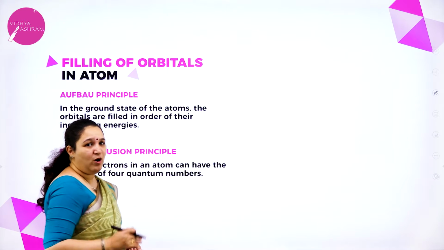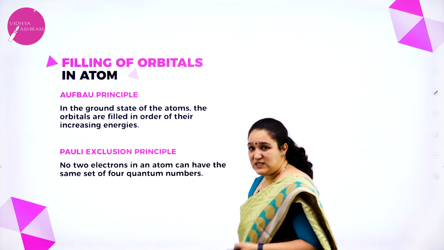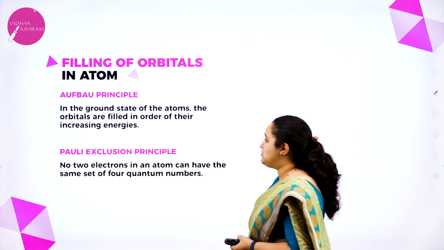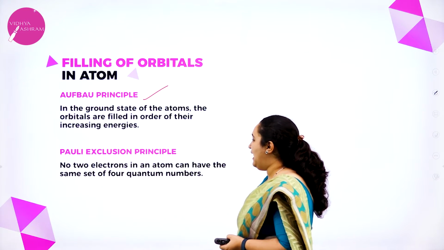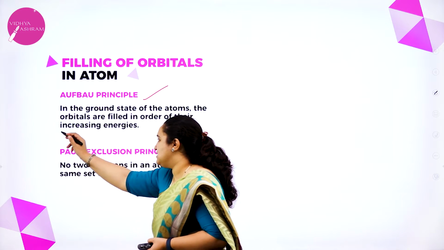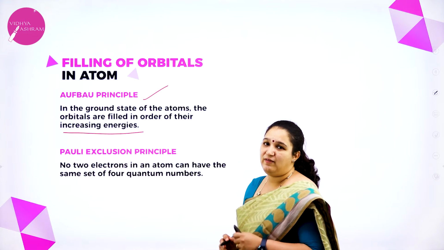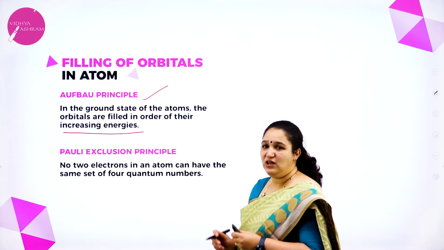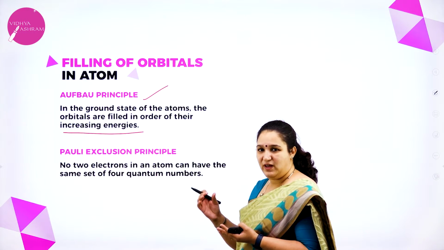Filling up of orbitals in an atom. We have some rules for that. First one is the Aufbau principle. In the ground state of an atom, the orbitals are filled in the order of increasing energy. I already explained this while writing the electronic configuration. We fill up the electrons in the increasing energy of their orbitals.